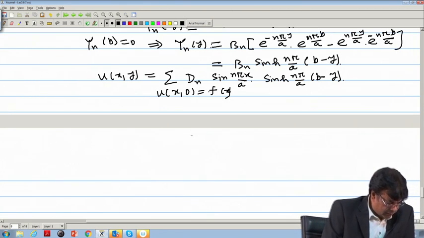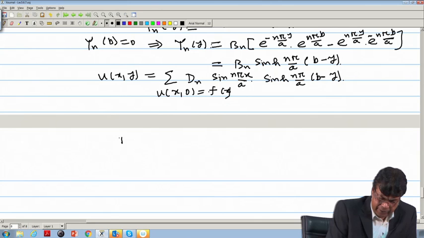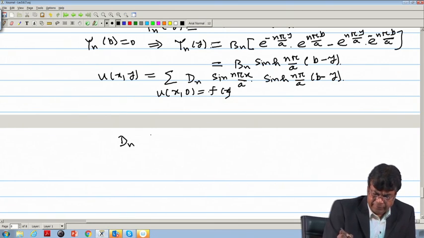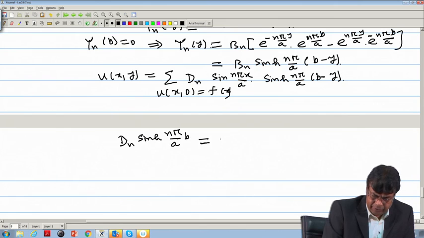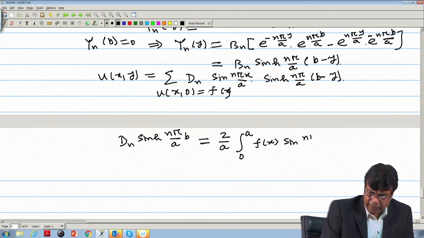So one can do it this way: if I put x equal to 0, y equal to 0, dn sine hyperbolic n pi by a into b, this becomes 2 by a, integral 0 to a f x sine n pi x by a dx.